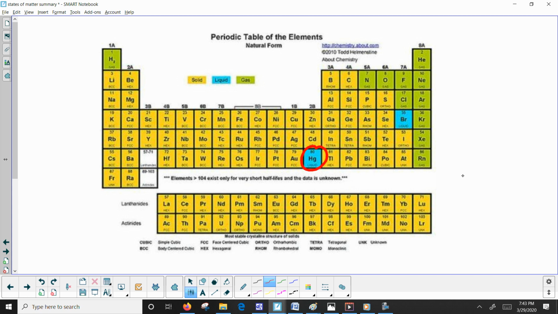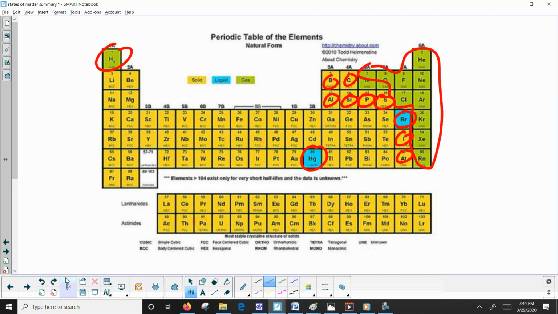Now the non-metals are going to be mostly gases. You have a whole bunch of these gases all down here, the noble gases, nitrogen, oxygen, fluorine, chlorine, even hydrogen over here. Don't forget about that. Some exceptions though. Bromine is going to be a liquid, and then iodine, astatine, sulfur, phosphorus, silicon, aluminum, boron, these are all going to be solid.